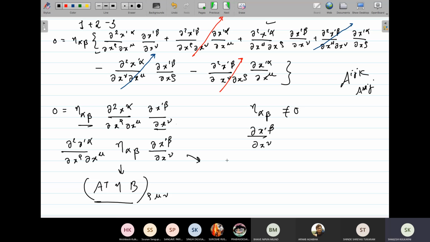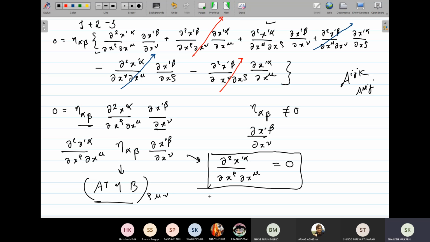What does it mean? It means that del 2x prime alpha divided by del x rho del x mu is 0. It means that your x prime alpha must relate to unprimed x by a linear transformation, and that linear transformation I am calling lambda alpha beta x beta plus, obviously a 0 degree term will be there, right?